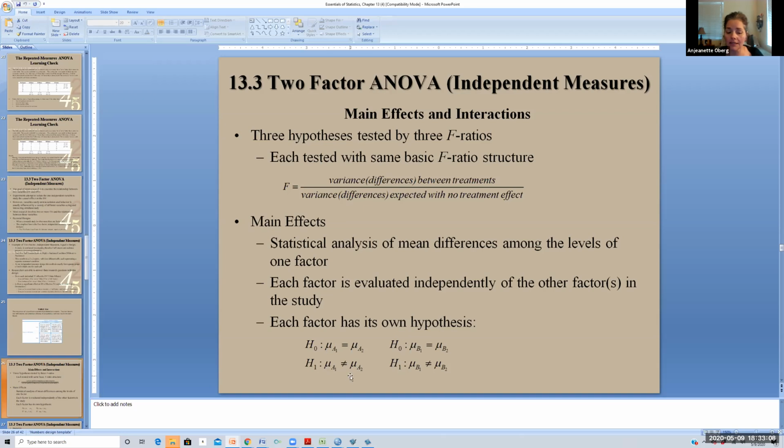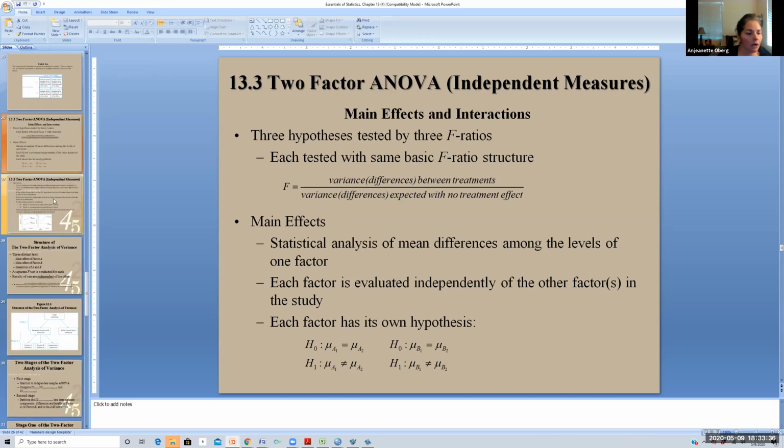The alternate is saying that they are not the same, so differences do exist. In our hypotheses for a main effect for B, now we're focused on the means for B1 compared to the means for B2. Our null is saying there's no differences between those means, so they are equal. And then our alternate is saying, no, they're not equal, there are differences, okay?